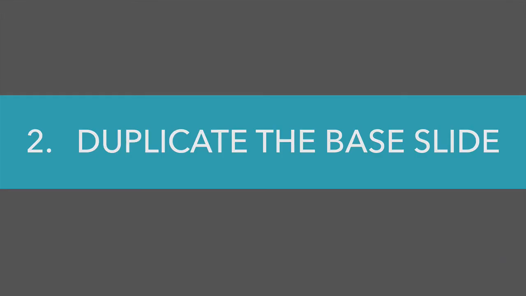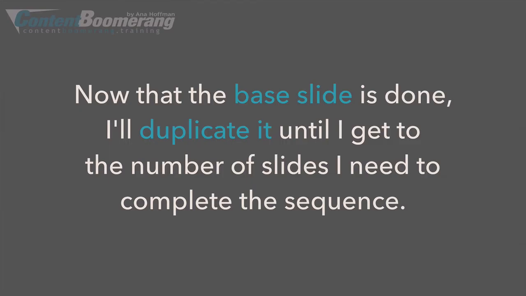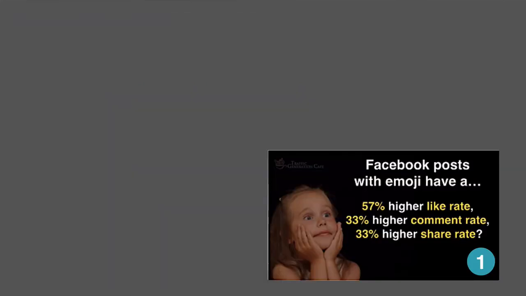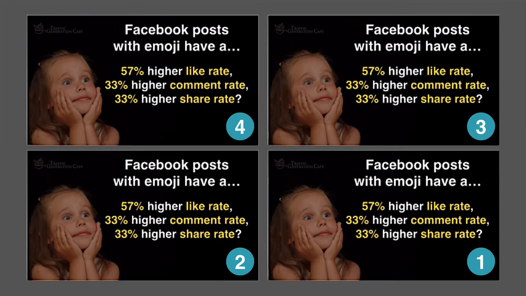And speaking of step 2, it's to duplicate the base slide. Now that the base slide is done, I'll duplicate it, copy it in other words, until I reach the number of slides I need to complete the sequence. Once again, in this example, I'll add 3 more slides to the base one, 4 slides in all.